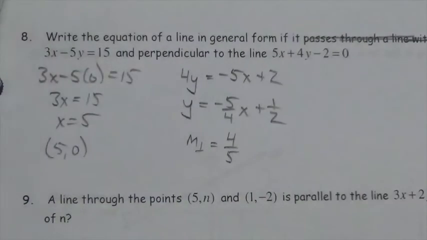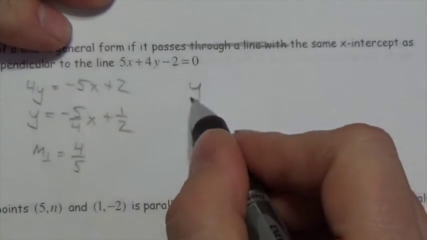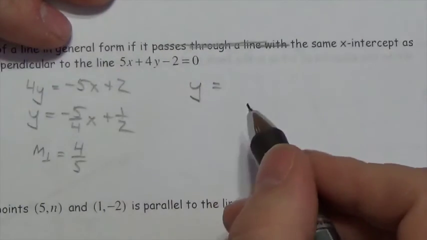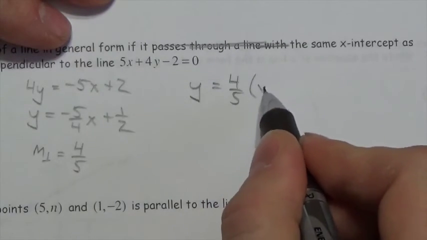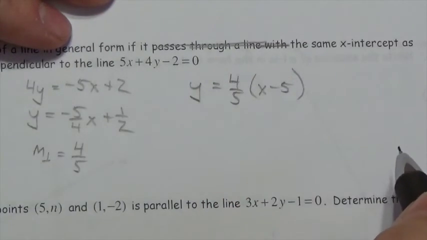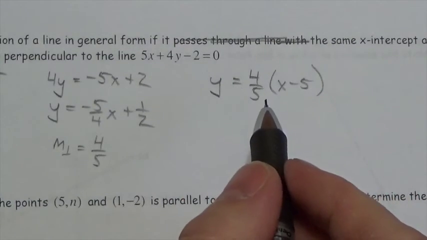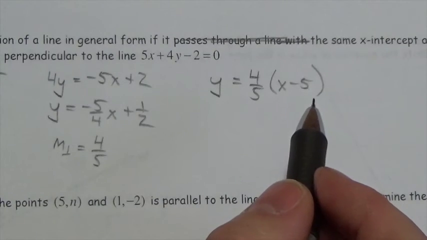Now, again, I'm not going to go directly into general form. What I'm going to do is go to point-slope form. So my line here is going to be y minus 0, but y minus 0 is just y, is equal to the slope 4/5 times x minus 5. Good. Now, in previous questions, when I had something like this, I expanded that out and then multiplied through to get rid of the denominator.